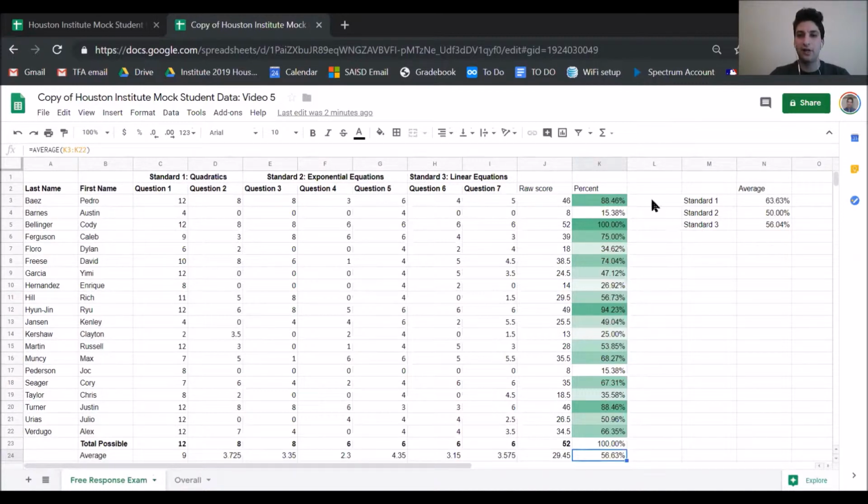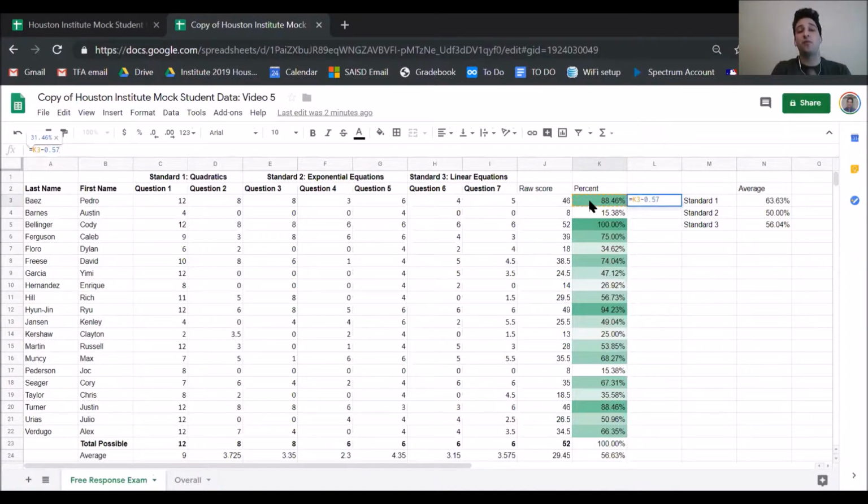So I'm going to click up here in L3, and I'm going to type into the formula bar equals, and I'm going to get the percent he got right. And I'm going to subtract from it the total average percent for the whole class, which again was 56.63. So I'm just going to round that to 0.57.